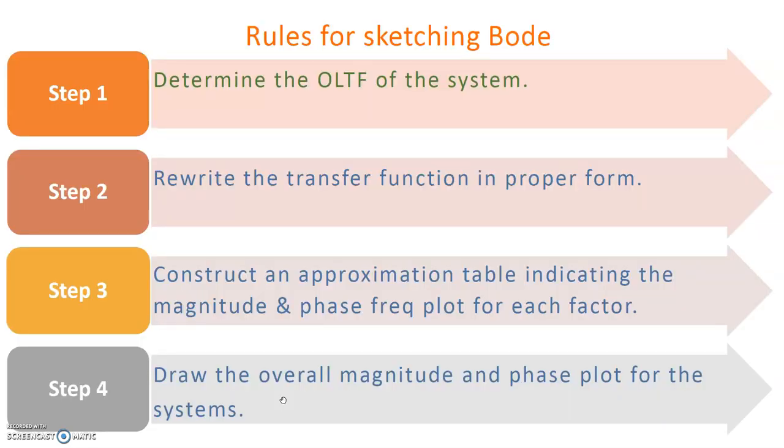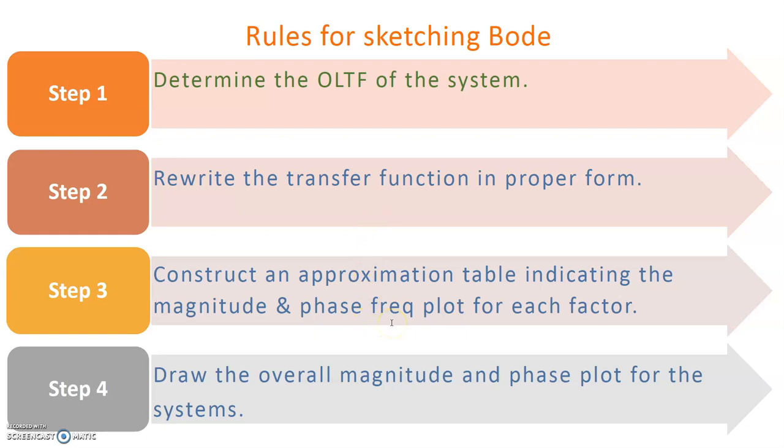There are 4 steps in sketching the Bode plot. The first one is we determine the open loop transfer function of the system, usually in the S domain. The next one, we rewrite this open loop transfer function in proper form, where we replace S with j omega. Then, based on this transfer function in the frequency domain, we construct an approximation table.